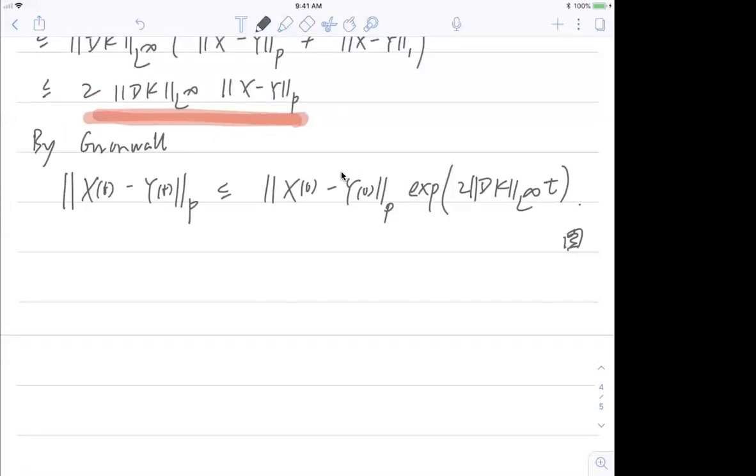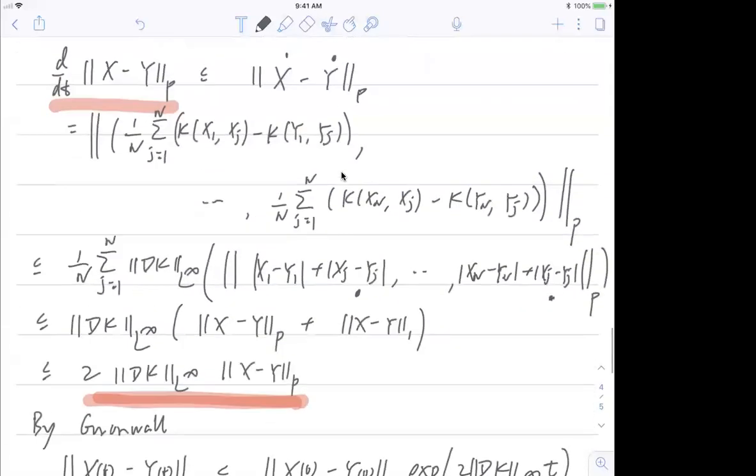So the only thing that matters is just the initial difference between the positions. That's the same idea. It is almost essentially the same as what we will do for Dobrushin's estimate.